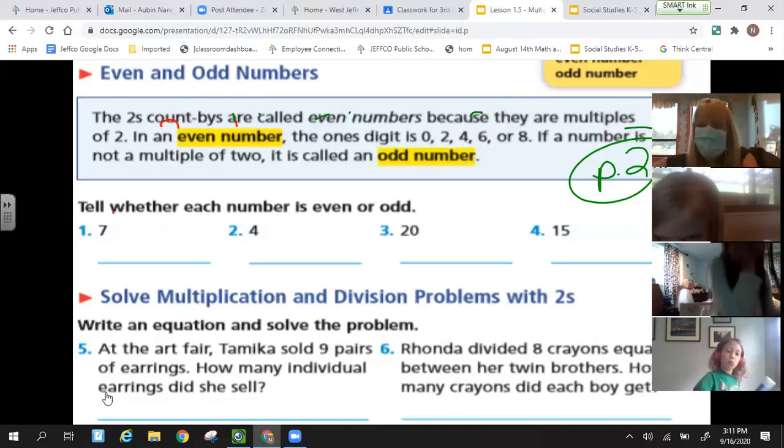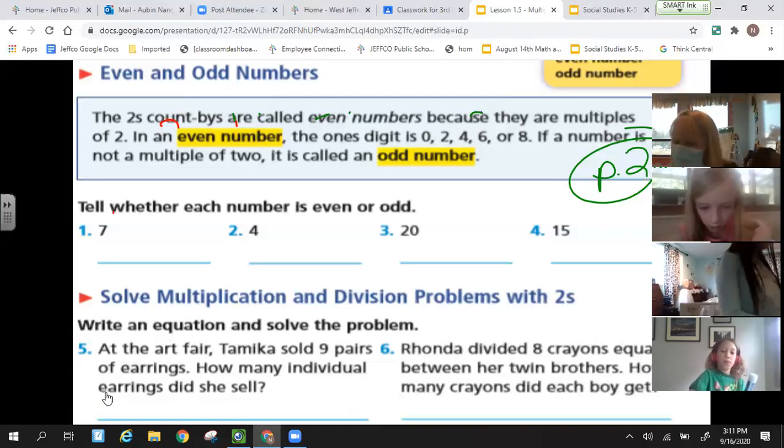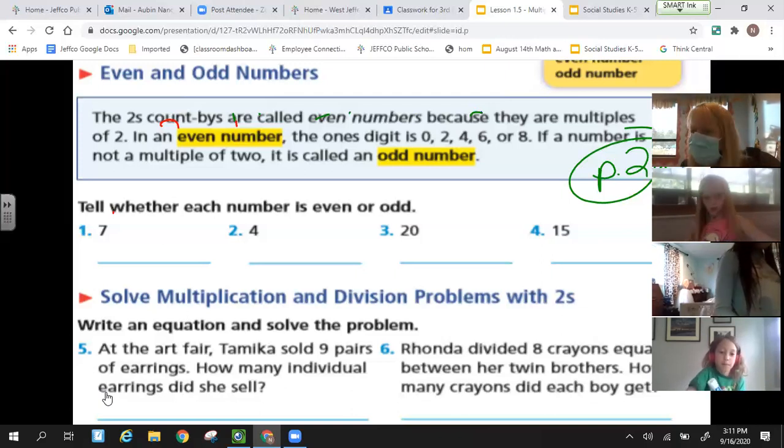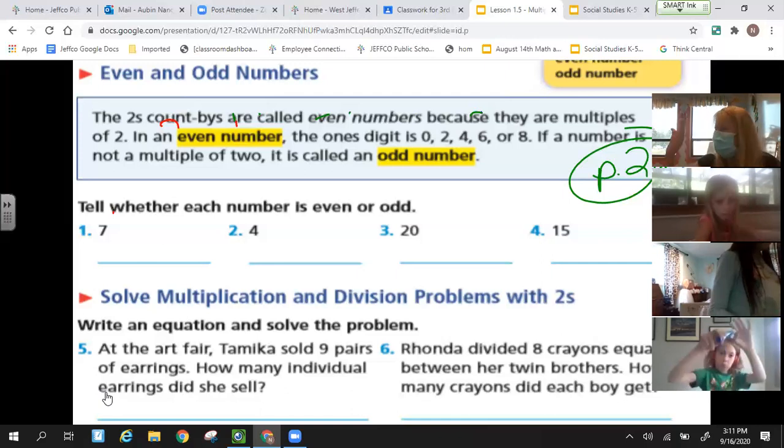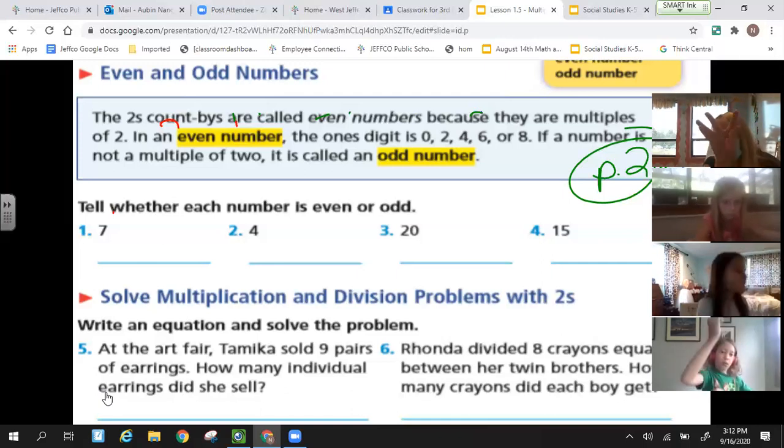We're counting by even numbers. They're all even. They're fair. Odd numbers are the numbers we're skipping. We're skipping the 1 that we can't share, the 3 that can't be shared equally, the 5 that can't be shared equally, right?